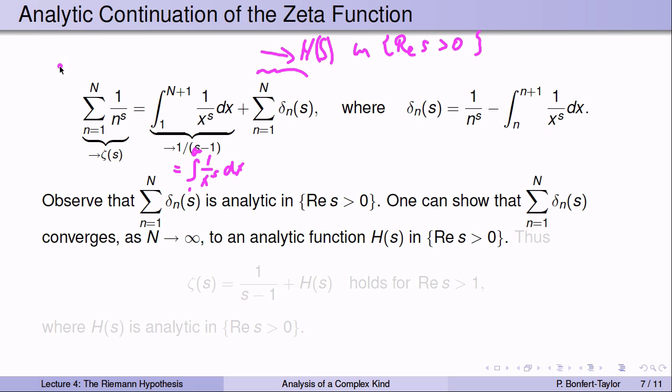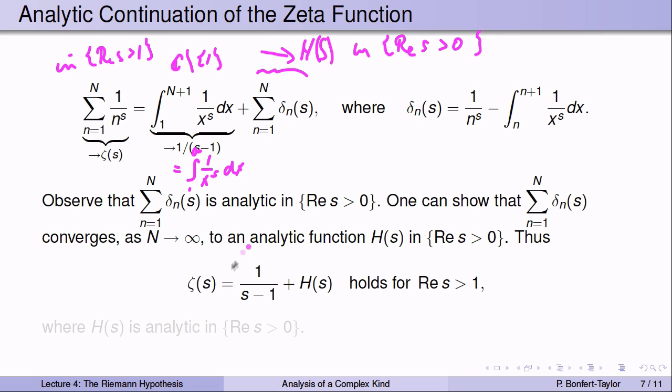This goes to zeta of s in real part of s greater than 1. 1 over s minus 1, well, that's defined everywhere except at the point 1.